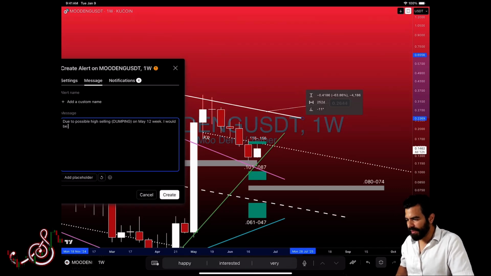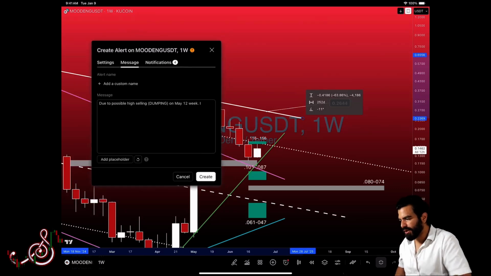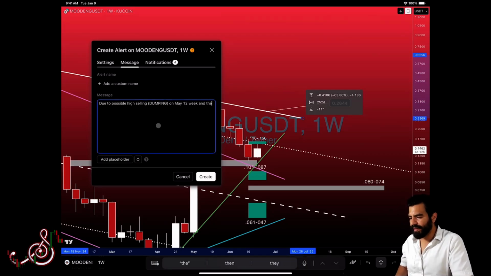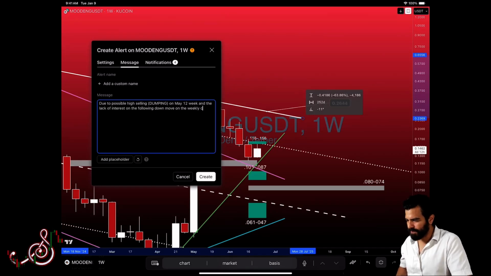How do I word this? Due to possible selling on May 12th week and the lack of interest on the following down move on the weekly chart, I would be looking for this to dump again around 25 to 26 cents.